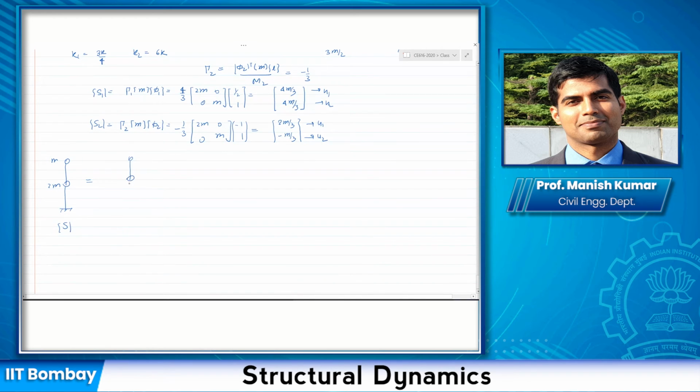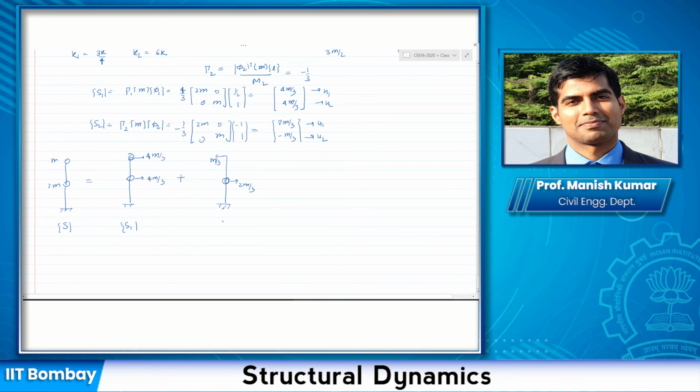If you look at each mode, this is S1: at degree of freedom 1, it is 4m by 3, in the positive direction, the inertial force. The same 4m by 3 in the positive direction at the other. Plus, for the second mode, I have 2m by 3, and in the opposite direction m by 3.